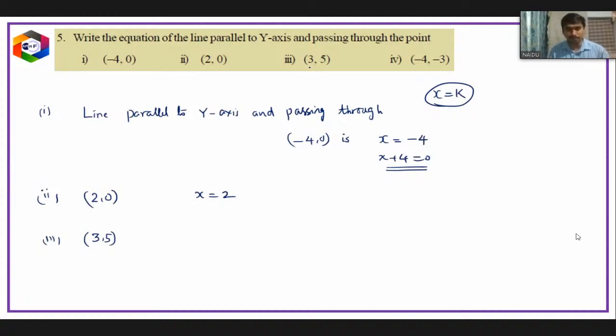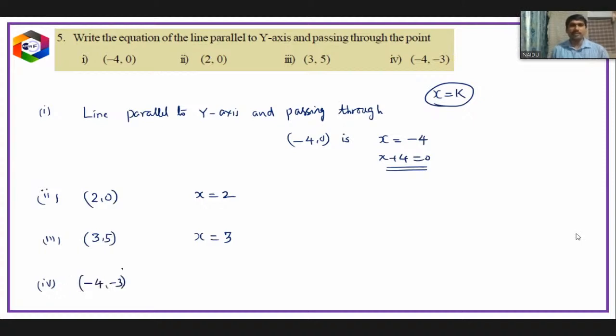So x equal to 3 will be the answer. As most of the children have given the answer, the equation of the line parallel to the y-axis and passing through (3, 5) is x equals 3. That's all. And finally, the fourth one, which is the last one, children, now you can give your answer.